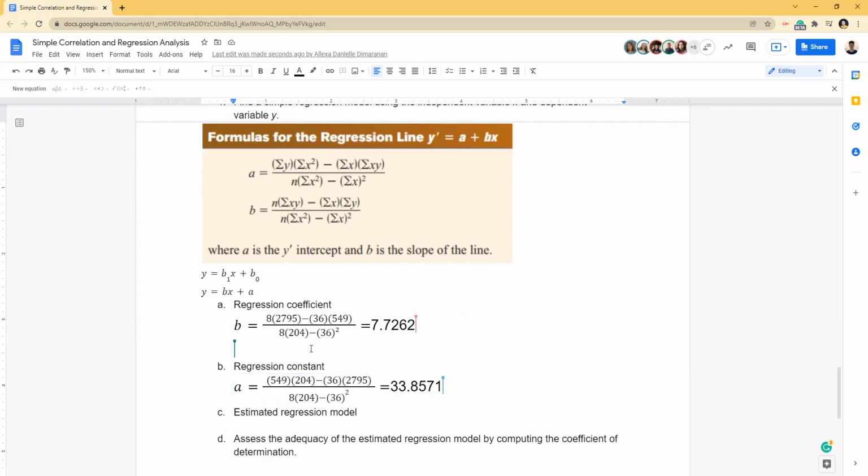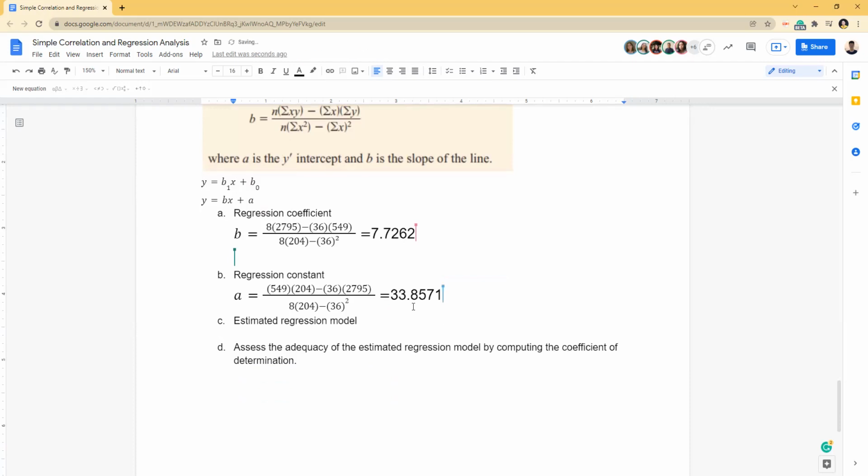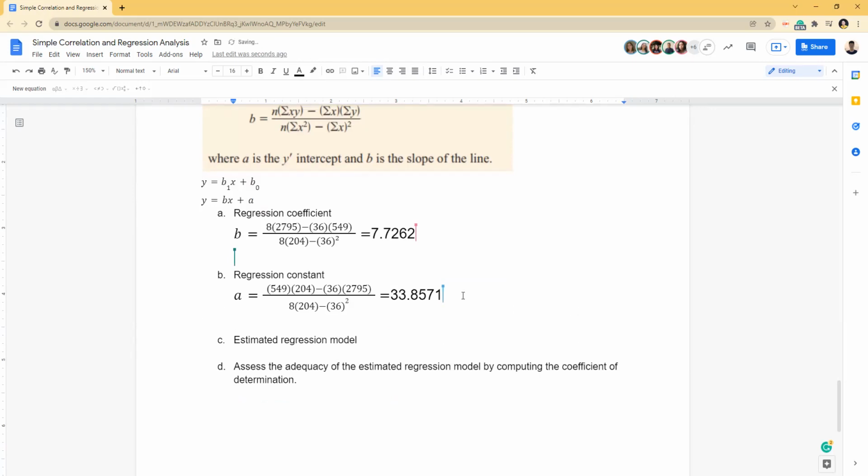Okay. So how do we interpret this? Regression coefficient. Let's go first with the regression constant. What does it mean when we say the regression constant is 33.8571? Anybody?